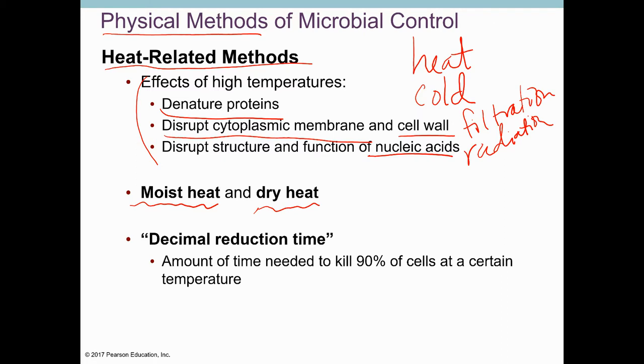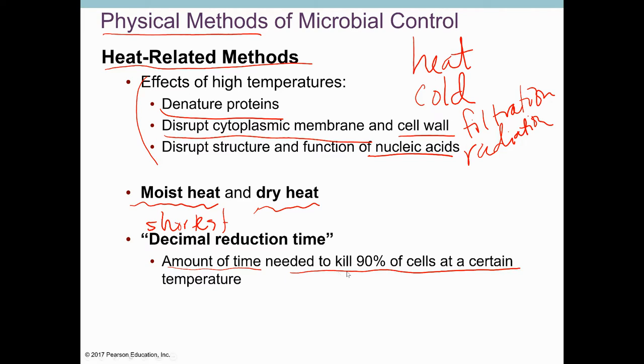What we're trying to accomplish basically is to have a method that can achieve the shortest what's called decimal reduction time. Decimal reduction time is defined as the amount of time needed to kill 90% of cells at a certain temperature.